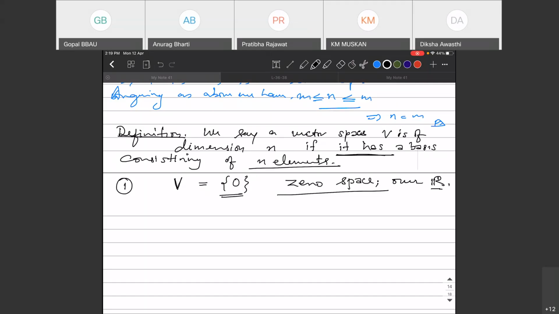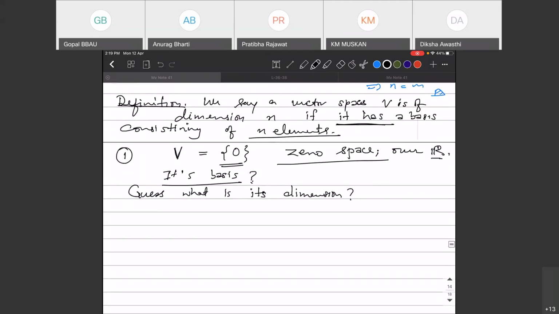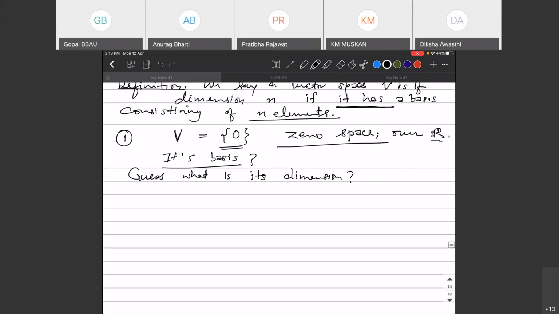So what would be its basis? Any guess? What would be its dimension? Sir, the finite number of elements in a basis is called the dimension.